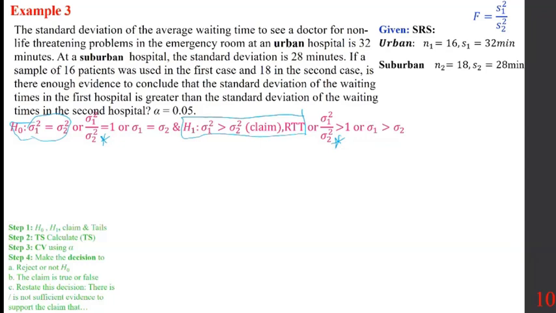We say sigma 1 squared is larger than sigma 2 squared, or sigma 1 squared over sigma 2 squared is larger than 1. It is the same thing. If we use this one, it's important not to use all of them. You use just one of them. Any of them, in this case, because it's referring to standard deviation, perhaps the third one is the best choice.